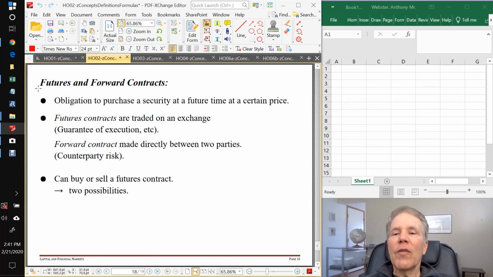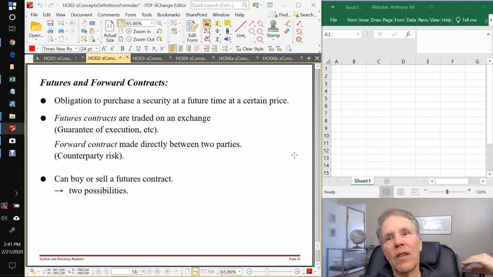Futures and forward contracts are used very much for hedging. If you are seeing the price of the oil you have to buy fluctuate, going up and down, you might just say, I'm going to get a futures contract to buy it at $35 a barrel, even though I know it might be $25 a barrel when I need it 3 months from now.